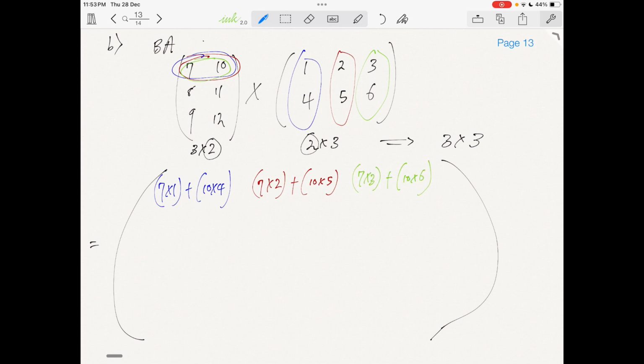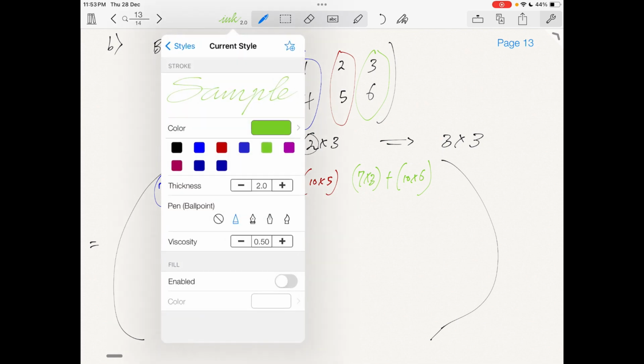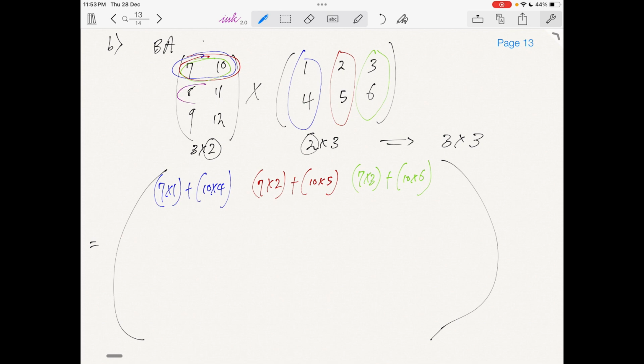Now moving on to the second row. We'll have the second row multiplied by the first column. That's 8 times 1 plus 11 times 4. Still on the second row, we take the second column.